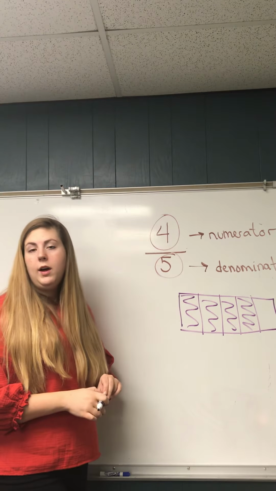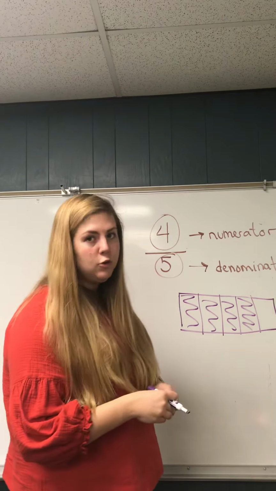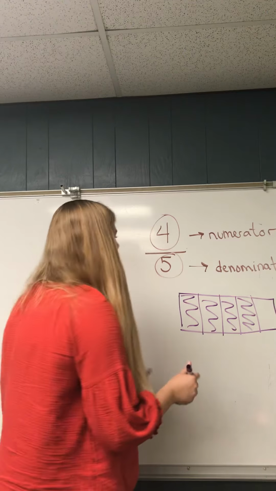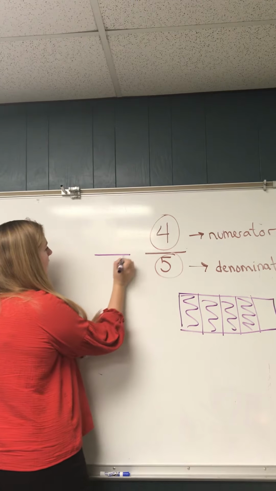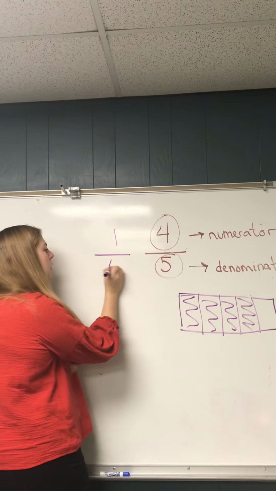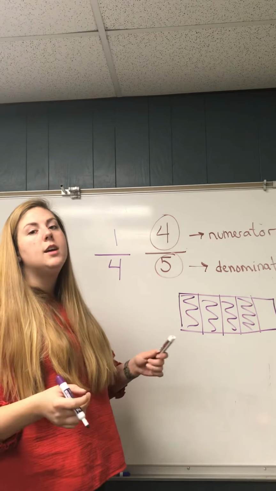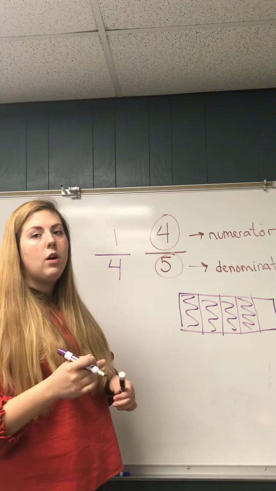Now, what happens if we change the denominator? So let's say that this is 1/4. Okay, so now we're going to be drawing a fraction to represent the amount of 1/4.